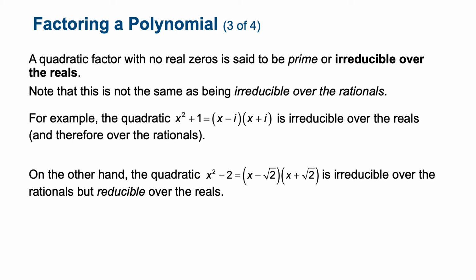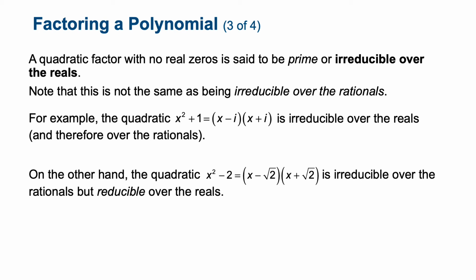Okay, so for example, here you have x squared plus 1. If I factor this, it becomes the product of x minus i and x plus i. We say that this is irreducible over the reals and therefore over the rationals, because these are not real numbers.